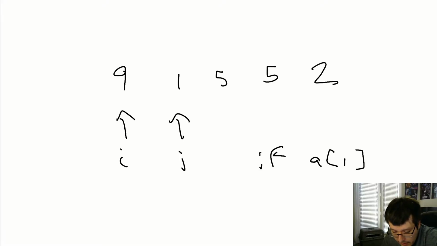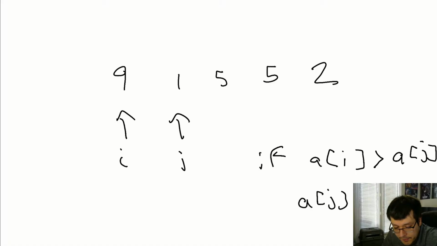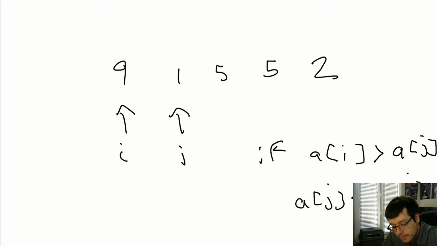So if a sub i is greater than a sub j, that's when you call your swap function. But you can also literally just flip it around and say if a sub j is less than a sub i, then swap it as well. Either of these are the same thing. I'm literally just flipping the whole thing. You can see that, right? That's the same thing as that. So either of these will work.